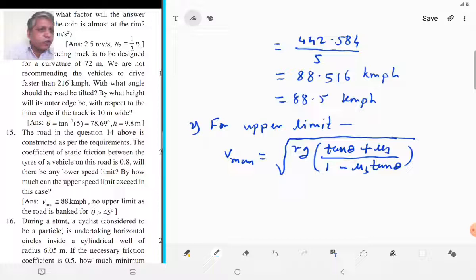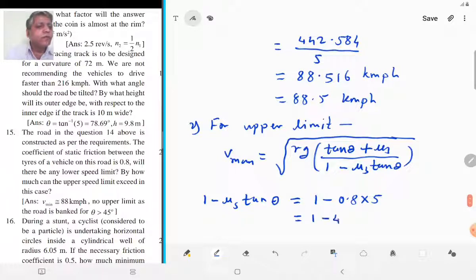Now here the denominator is 1 minus mu s tan theta. Now if you substitute the value of mu s and tan theta here, that is equal to 1 minus 0.8 into 5, that is equal to 1 minus 4.